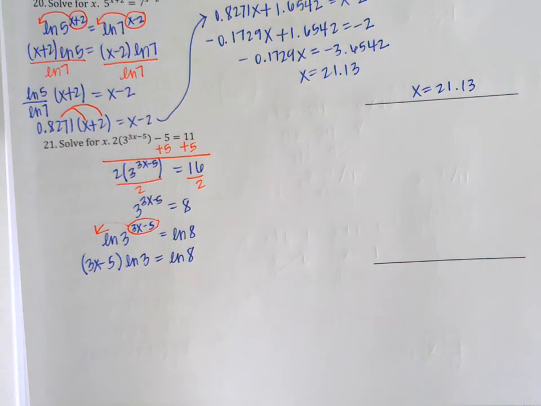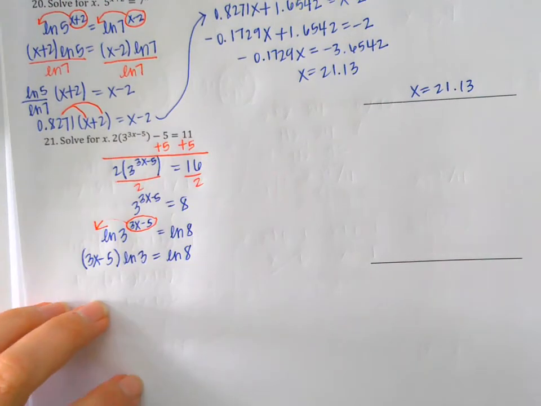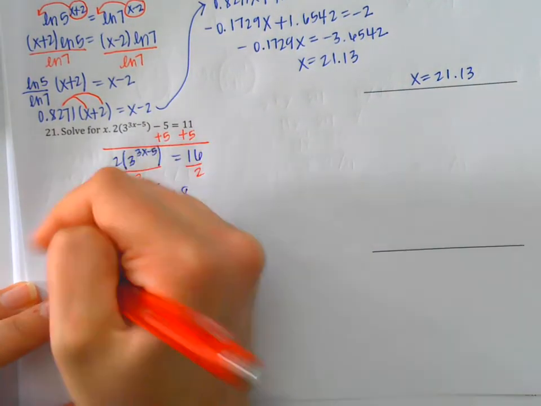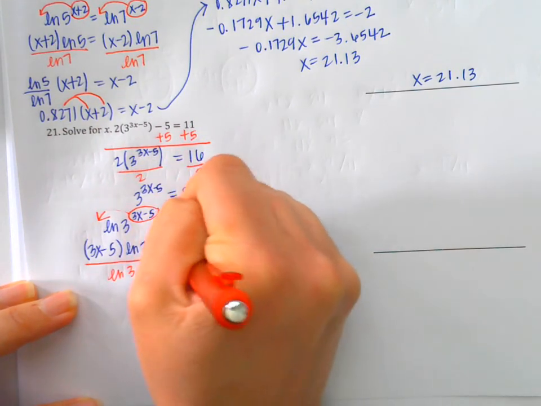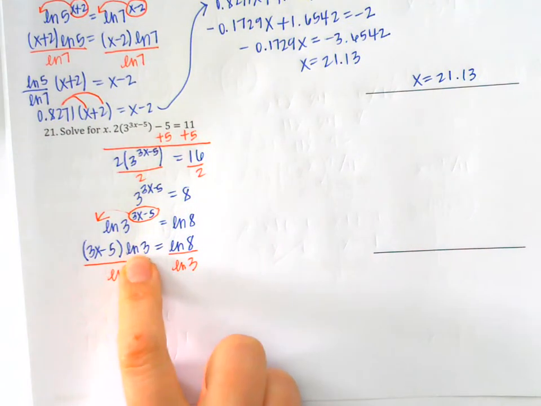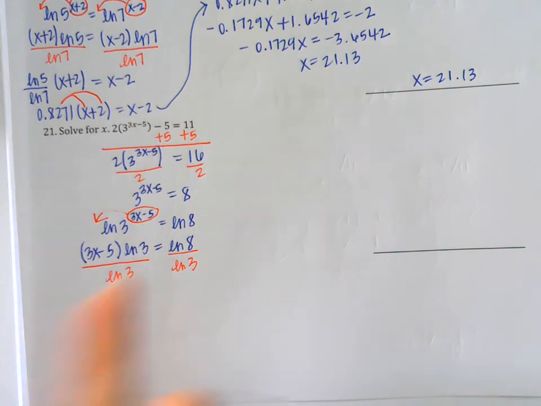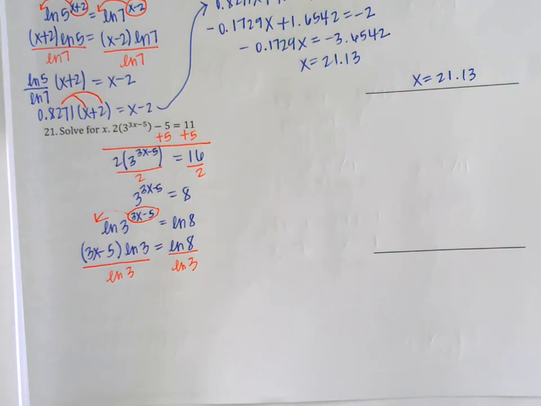I am then going to, to make this a little bit easier, divide both sides by ln of 3 now. You could have gotten ln of 3, distributed it, gotten ln of 8, and just moved everything, but I'm going to do it this way because then I can get more of an exact number.